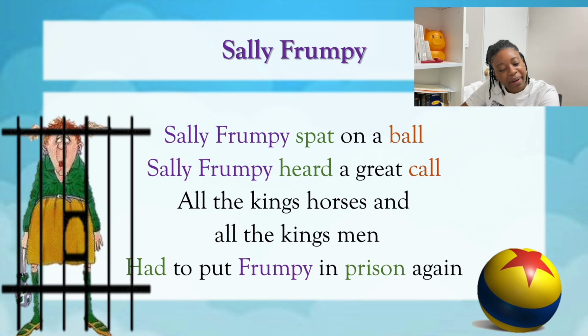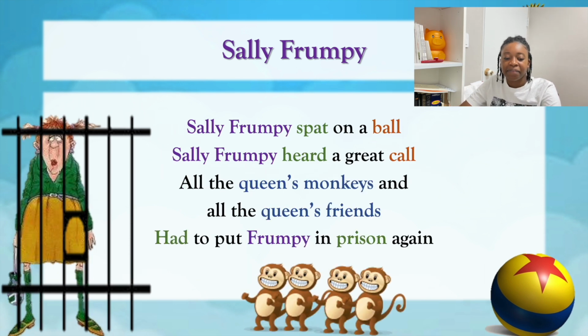Sally Frumpy spat on a ball. Sally Frumpy heard a great call. All the king's horses and all the king's men had to put Frumpy in prison again. All right, because it didn't make sense to say couldn't put Frumpy together again. It didn't make sense, so I had to change that last line. And then I changed kings to queens, and I think men to monkeys and friends.